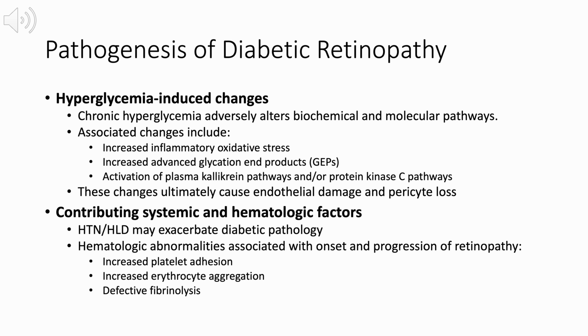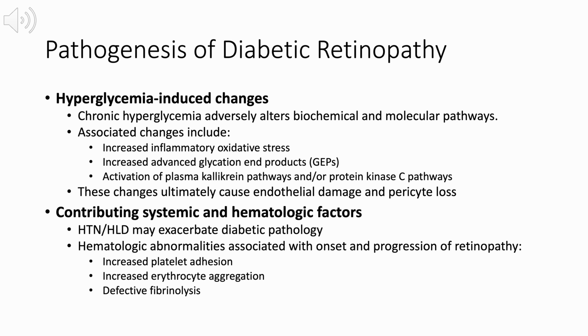These changes ultimately cause endothelial damage and pericyte loss. Endothelial cells and pericytes are the 2 cell types that constitute and support the retinal capillary, so their injury is the foundational lesion of the entire disease. Layered on top of this metabolic injury are contributing systemic and hematologic factors. Hypertension and hyperlipidemia may exacerbate the underlying diabetic pathology, which is one reason we care so much about blood pressure and lipid control in these patients.